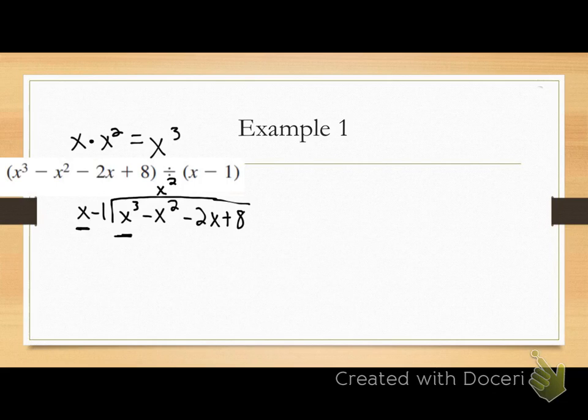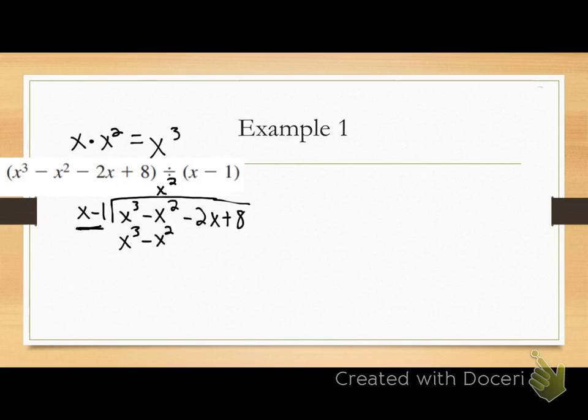So we're going to take our x squared and multiply it by our divisor. Okay? So what's x squared times x? X cubed. What's x squared times negative 1? Negative 1x squared, or just negative x squared, right?